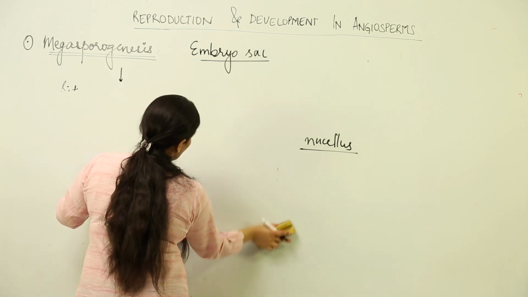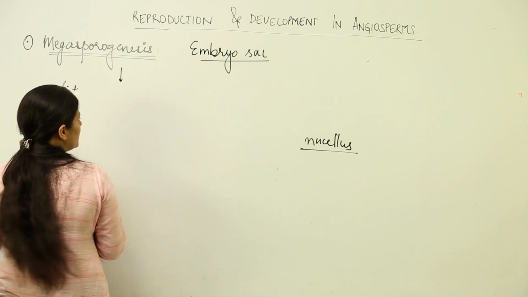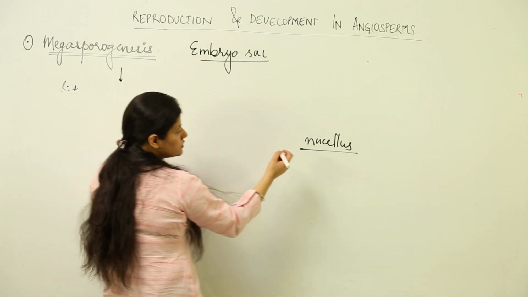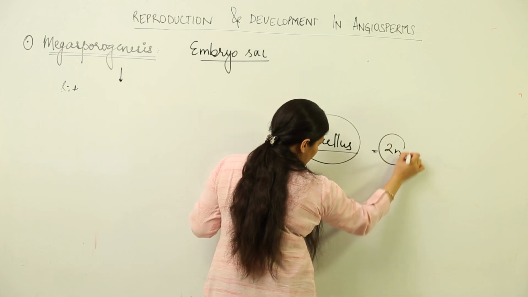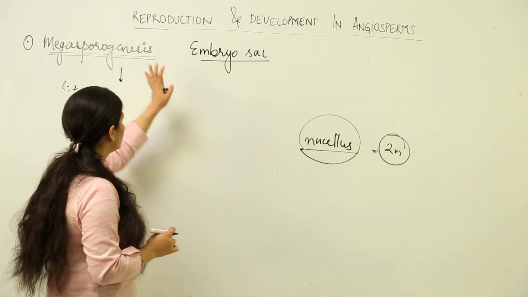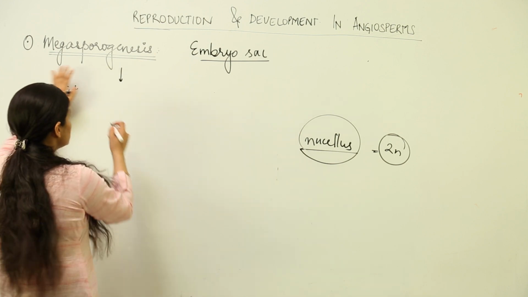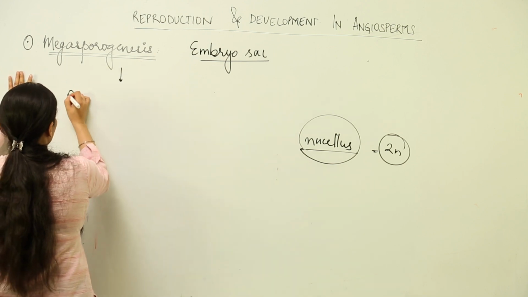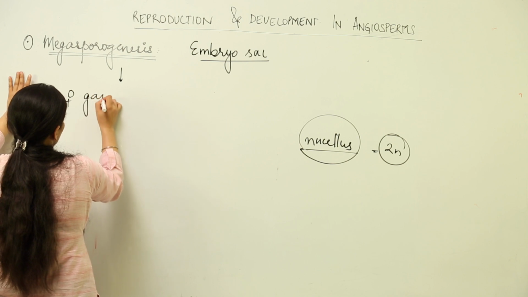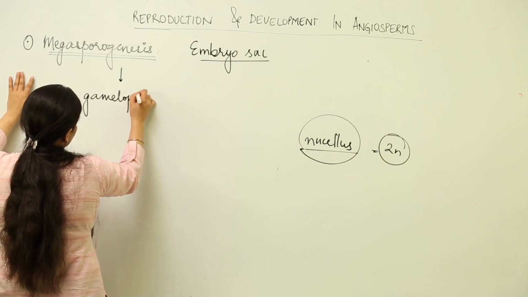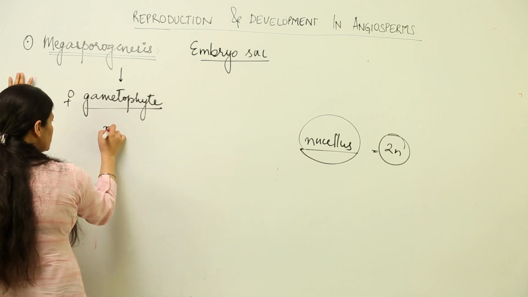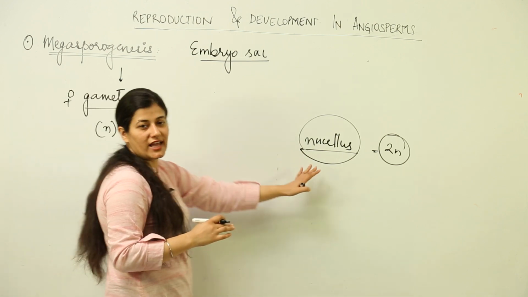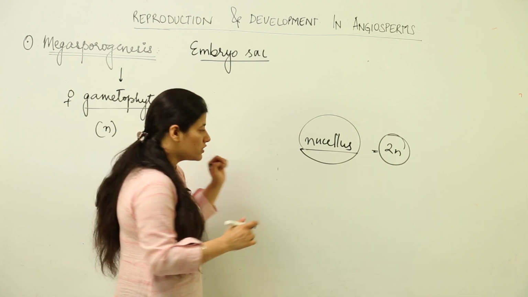sporophytic. Sporophytic means that it is diploid. Now, the ovule's nucellar cells are 2n, that means they are diploid. Because we are talking about megasporogenesis, because we are concerned about the female gametophyte, that is the embryo sac, and as you know the gametophyte has to be haploid, the nucellar cell has to undergo meiosis.